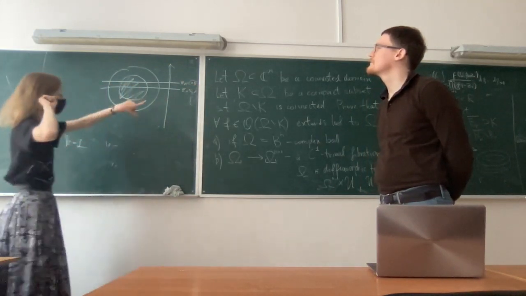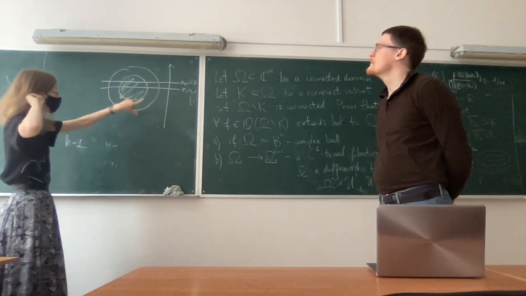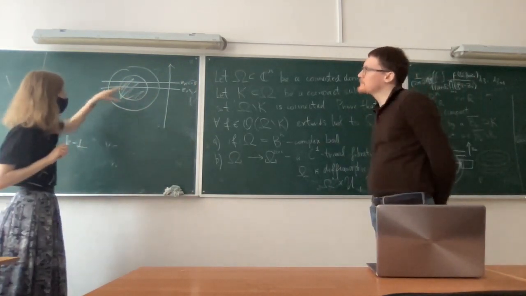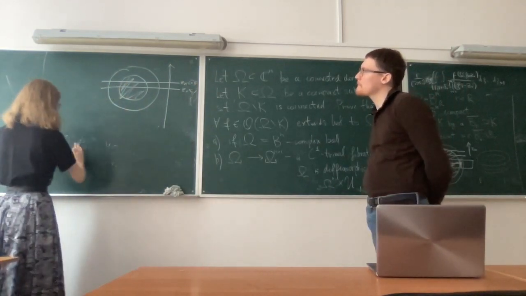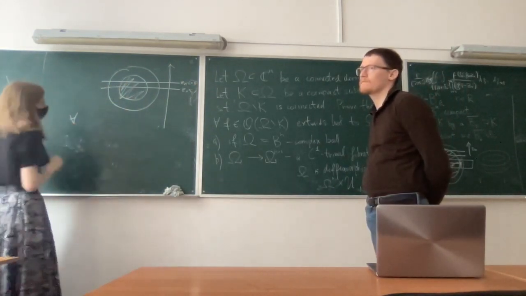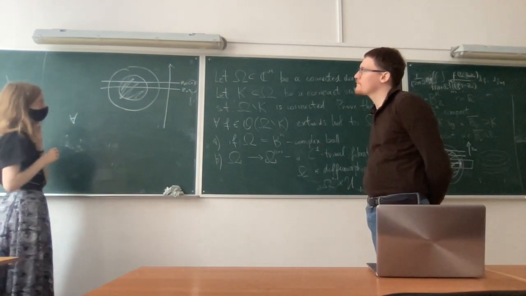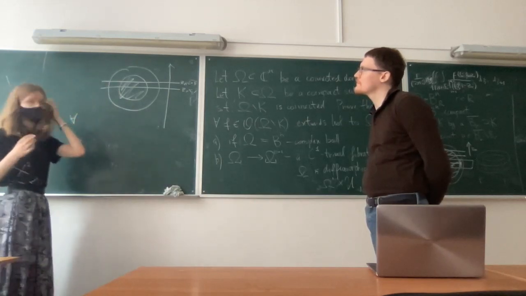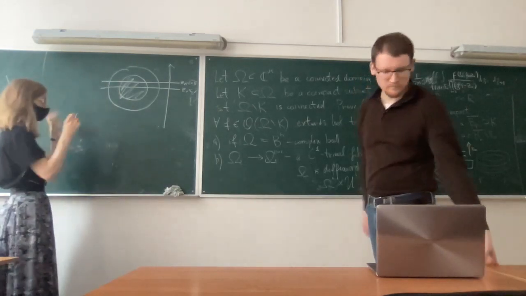And I have to choose epsilon and delta such that, for Zn equals C, Zn equals 0. Do you mean that Zn equals C is the central slice? No, it's not a central slice, it's just some arbitrary slice. C is some arbitrary number.